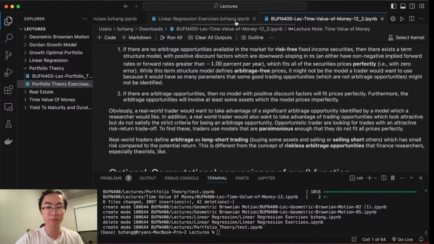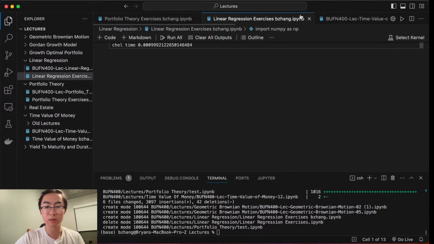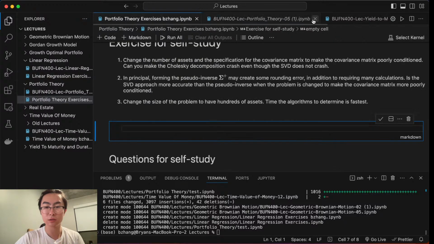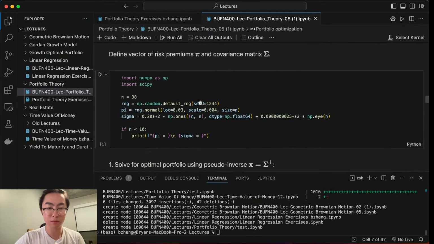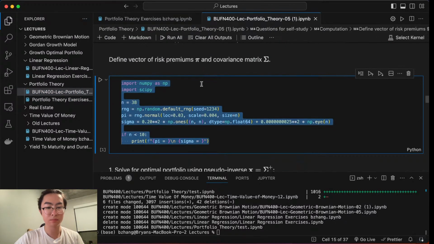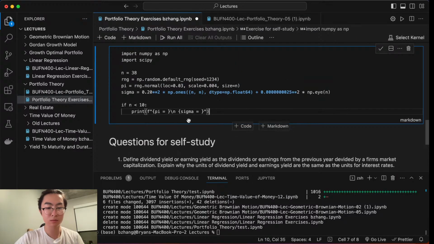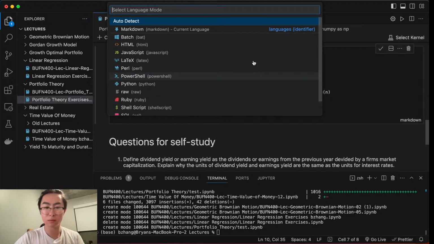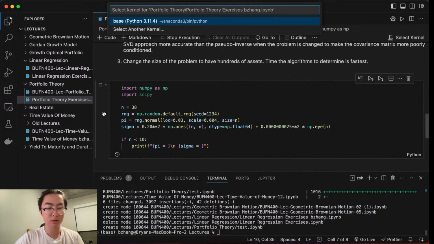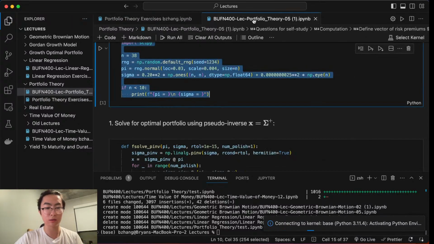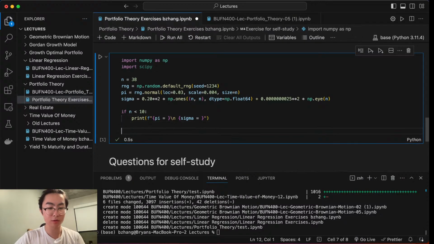Oops. Value of money, real estate, linear regression exercises. Okay. Python, Anaconda, alright. So this is using the pseudo-inverse.